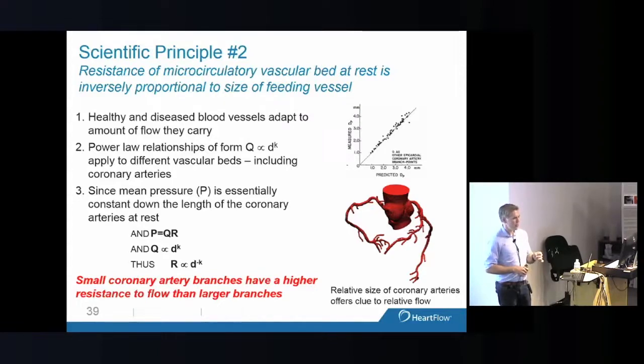So if you know that, we know that larger vessels will perfuse more territory, smaller vessels will perfuse less territory, and using that series of published relationships in the literature, we can calculate the resistance downstream from any particular location, which will allow us to set resistance boundary conditions.